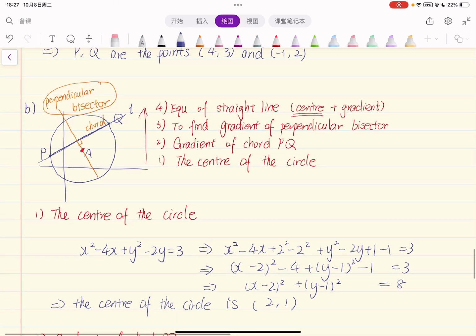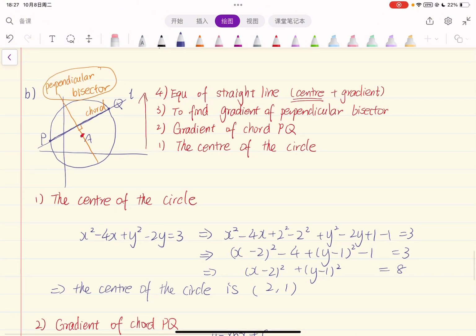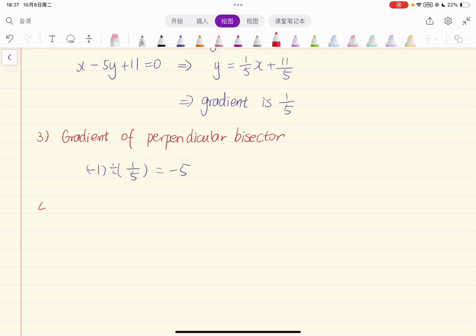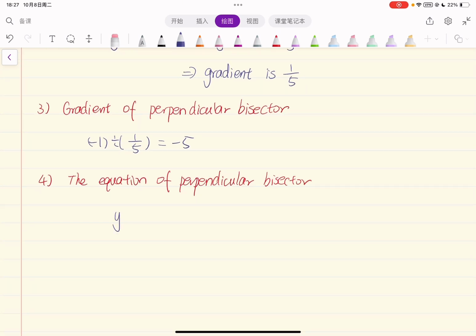So the last thing we need to do is to write the equation of the straight line. We know the center, we know the gradient, so we can do that. We use the form y minus y1 equals m times x minus x1.